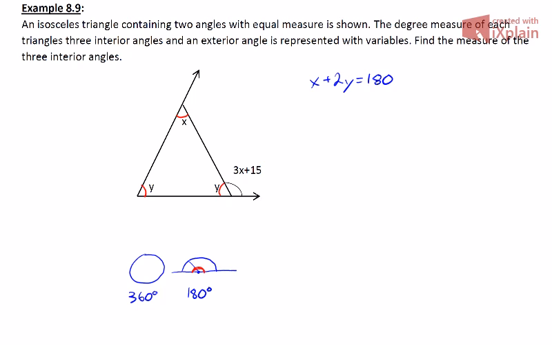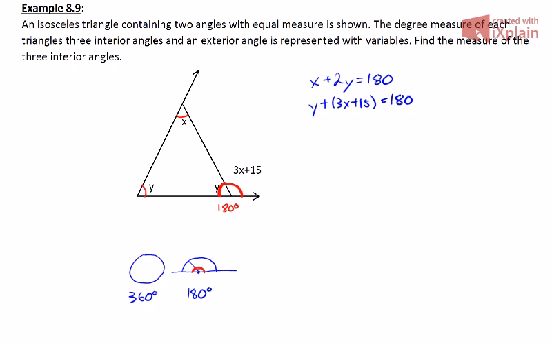So we have such a situation right here in that bottom right angle with the y and the 3x plus 15. If I put both of those angles together, I'm going to end up getting 180 degrees. So I can create a second equation by saying y plus 3x plus 15 has to be equal to 180.